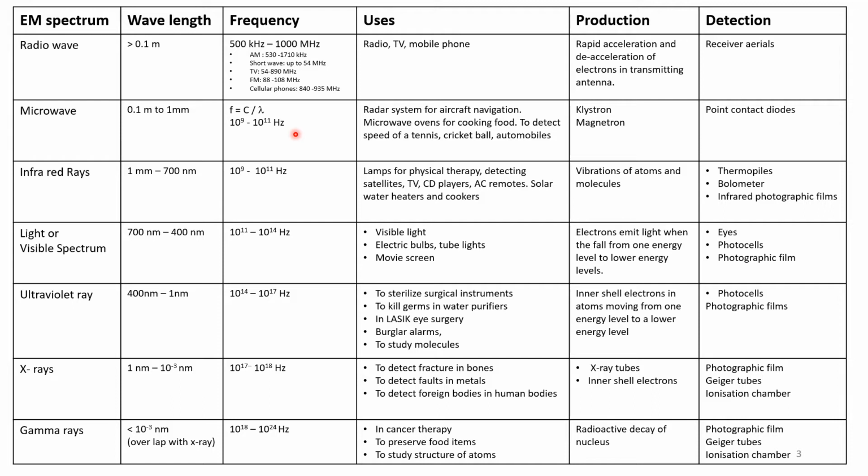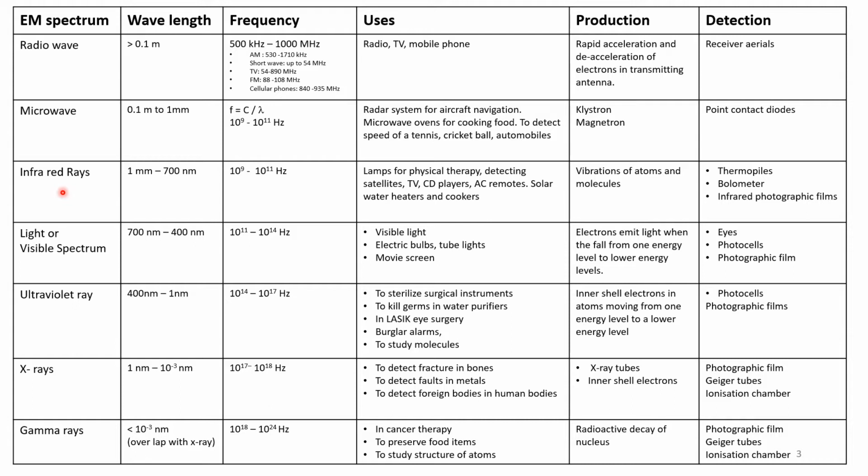These are used in radar systems for aircraft navigation, microwave ovens and to detect fast moving items like tennis ball, cricket ball, etc. and automobiles. It is generated using klystron and magnetron, which are oscillators generating microwaves, and it is detected by point contact diodes.